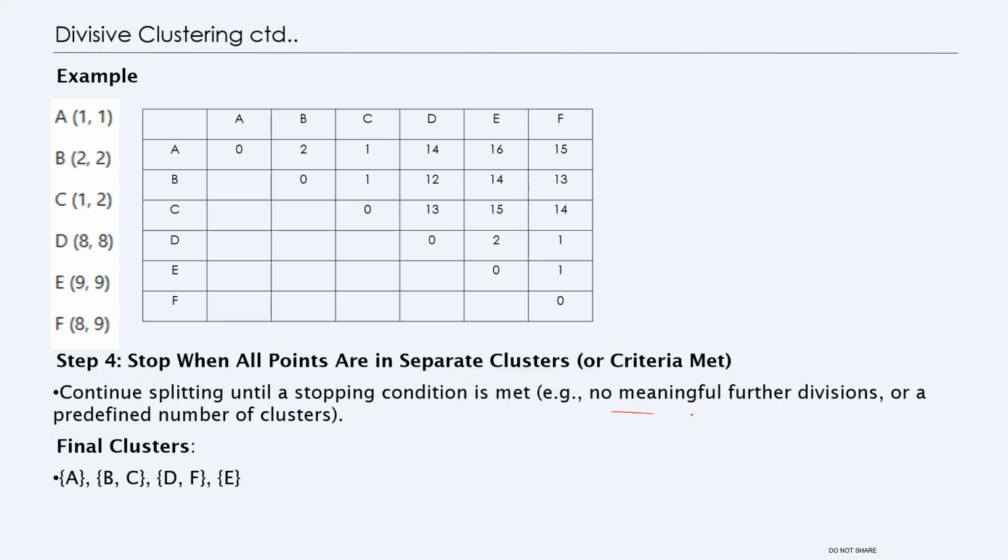That means no meaningful further divisions or a predefined number of clusters. So we end up with the clusters A by itself, B and C in one cluster, and D and F in one cluster, and E in another cluster.